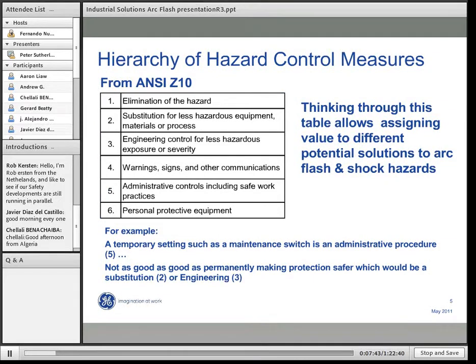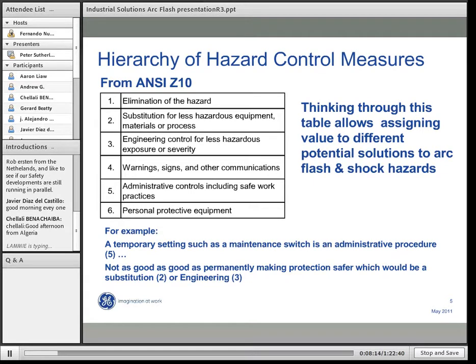There's a hierarchy of control measures, and you notice what people mostly discuss regarding arc flash hazards is PPE, personal protective equipment, and you'll notice that's the last thing on the list. The first thing to do is to eliminate the hazard if possible, or if you can't eliminate it, substitute a less hazardous equipment for what was being proposed.